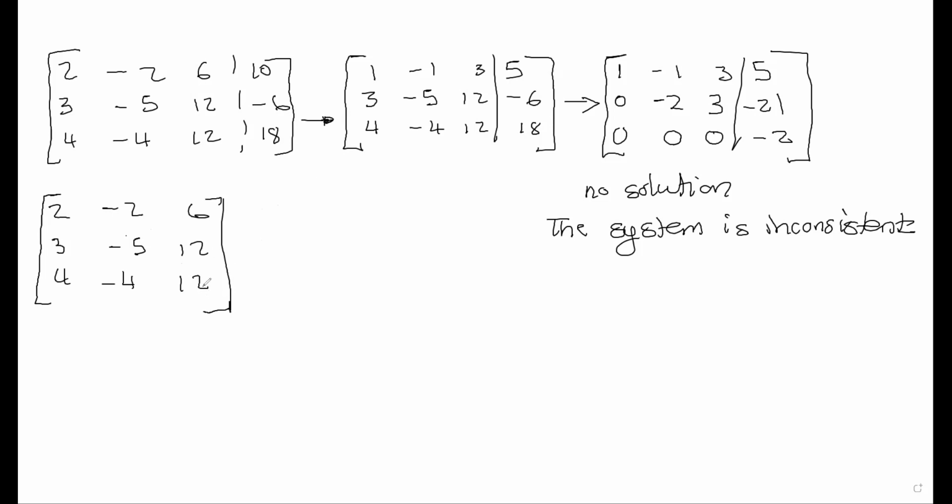If you write it in matrix format, it's like x, y, z equal to 10, -6, 18. If you do multiplication here, you will end up with 2x minus 2y plus 6z is equal to 10, like the original system of equations that we had.